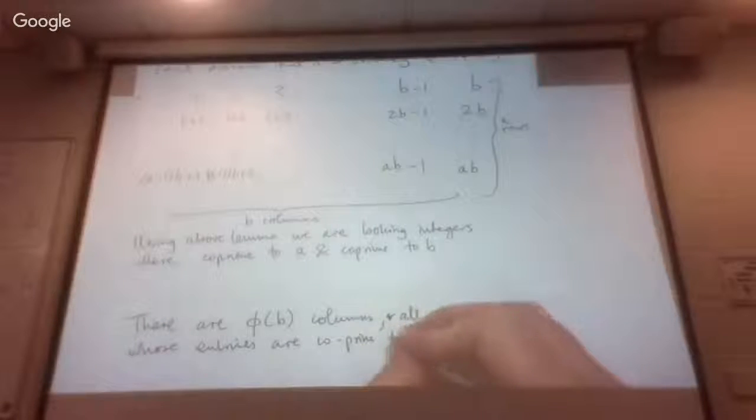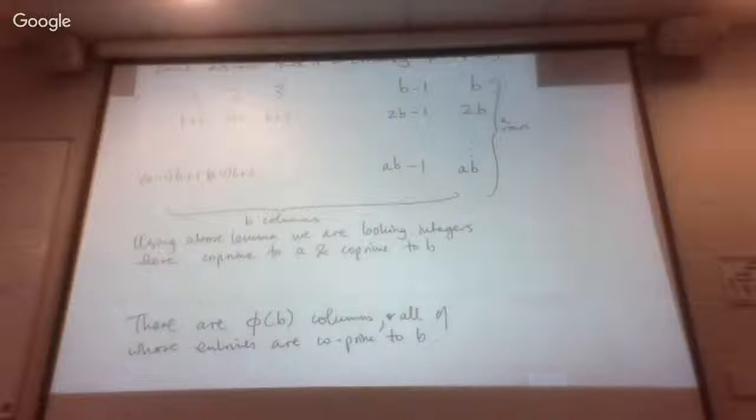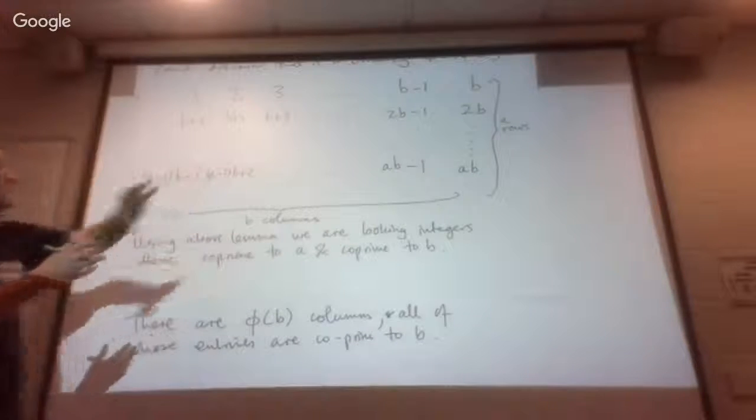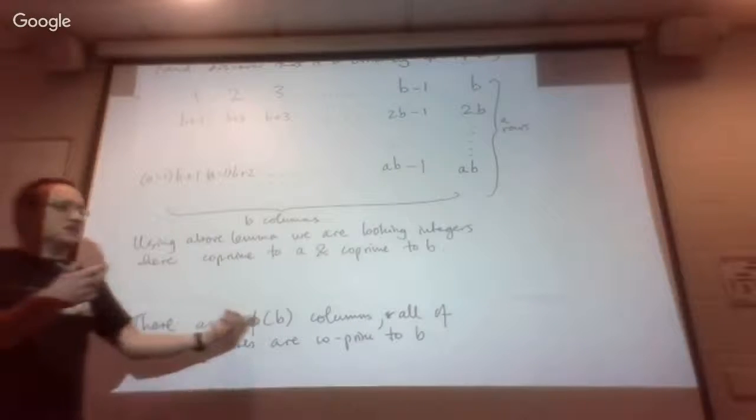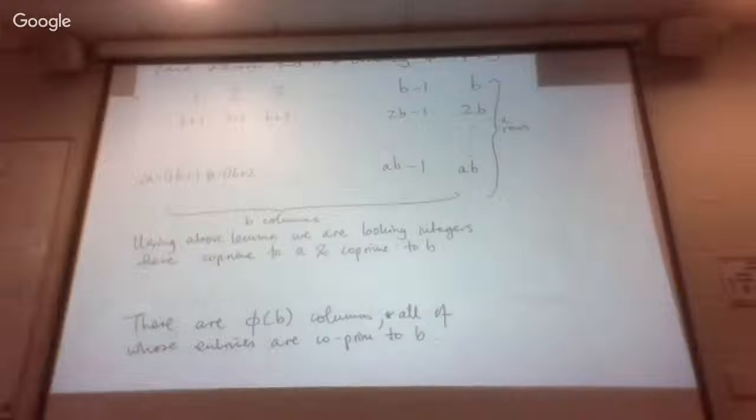Remember, we're trying to count the things co-prime to b and to a. So looking first at co-prime to b: φ(b) columns that are co-prime to b, and everything that is co-prime to b is located in one of these columns.